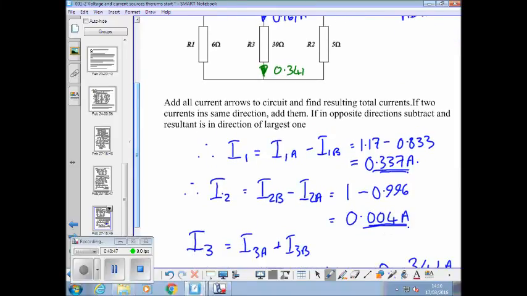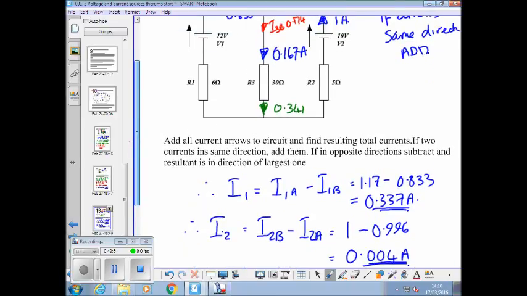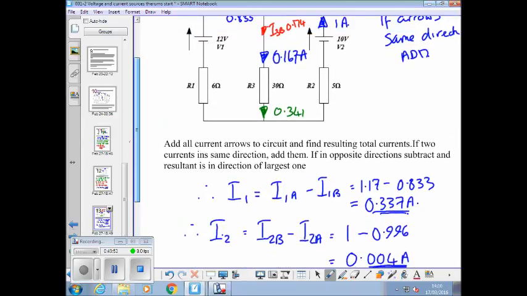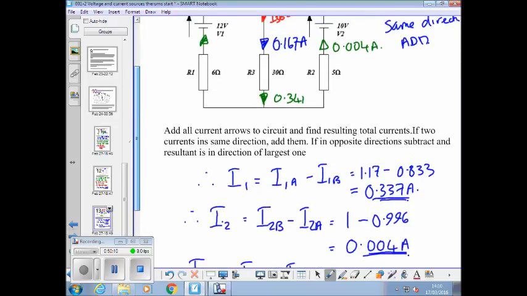This current here, I2, is in the direction of I2B. So we've actually got 0.004 amps flowing out of there, and this one here is actually 0.337 amps.